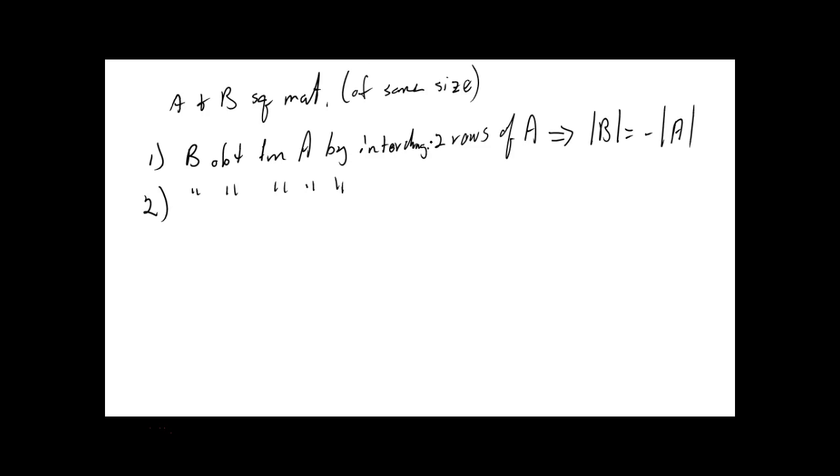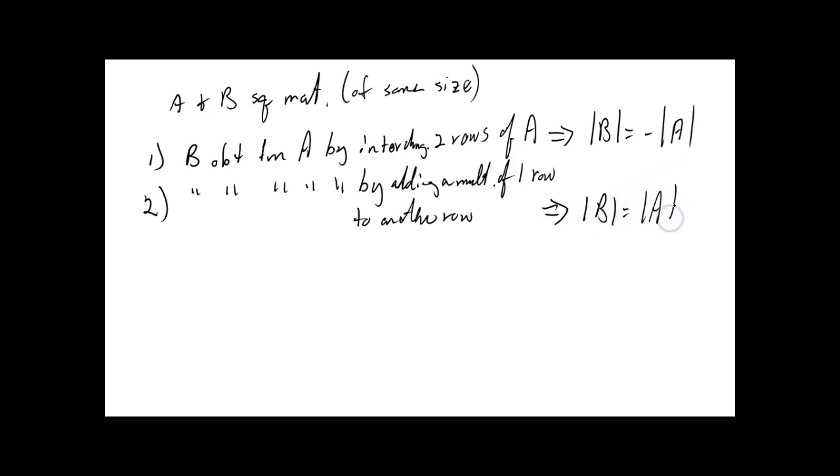This time when B is obtained from A by adding a multiple of one row to another row, then the determinant of B is equal to the determinant of A.